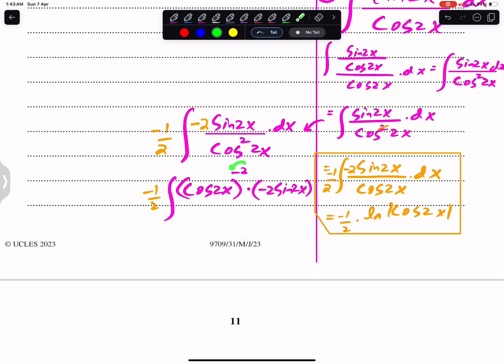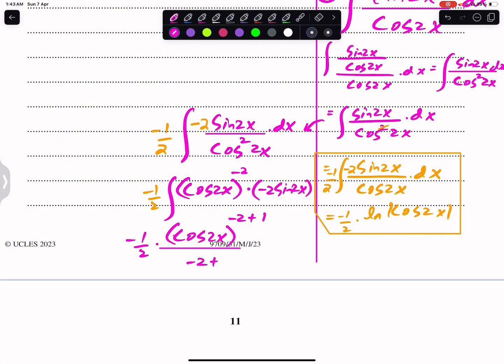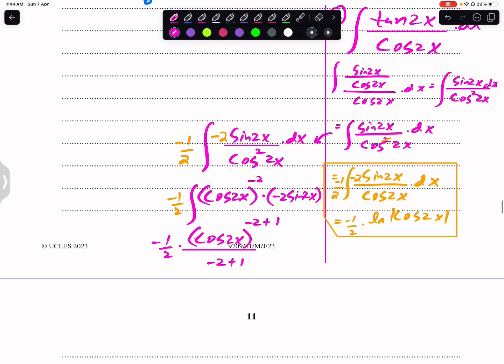But if you have power minus 2, you will apply the power rule of integration. So you will write minus 1 over 2 cos 2x whole power minus 2 plus 1 divided by minus 2 plus 1. In this case, you will not look at the derivative of this angle. This is ignored.